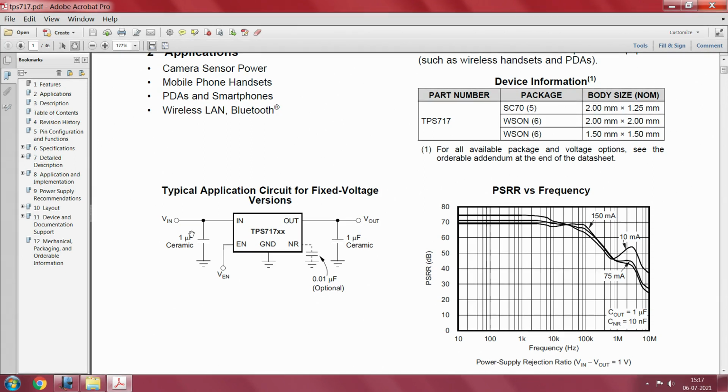Then there is the PSRR versus frequency and you can see that for the output capacitor here, if you put 1 microfarad you get some performance, and he also talks about the CNR. This is another capacitor which he is referring to, as shown here in the dotted line.